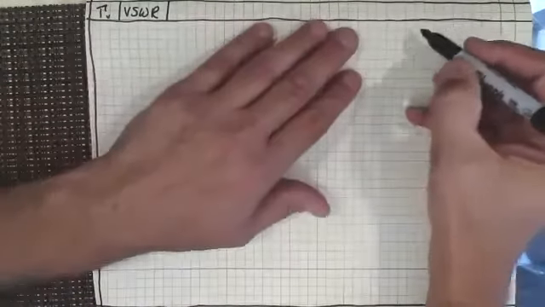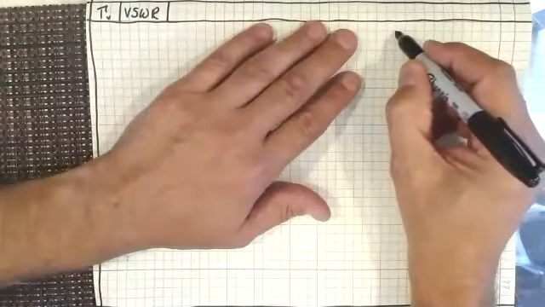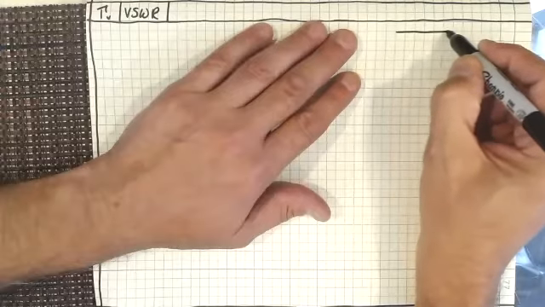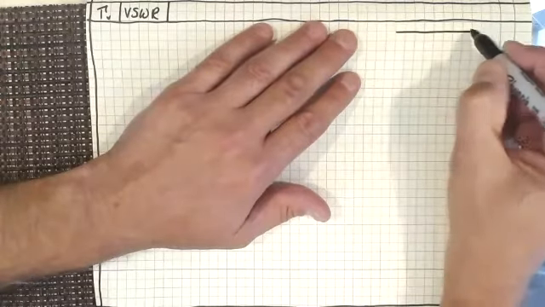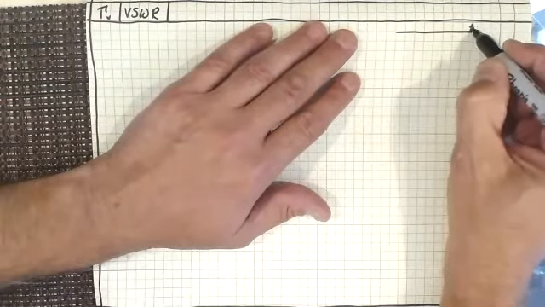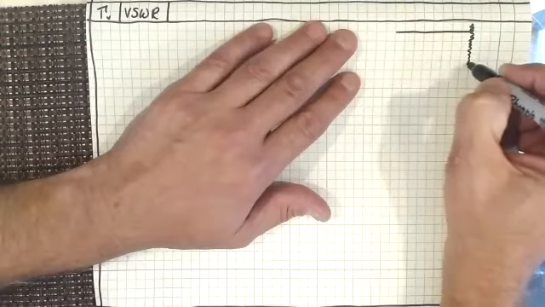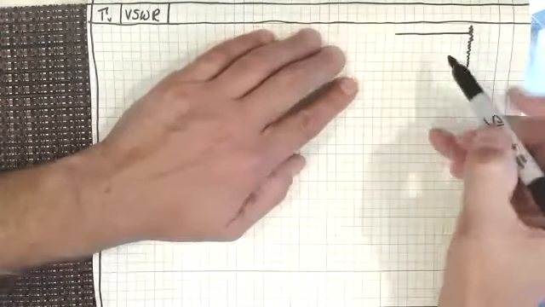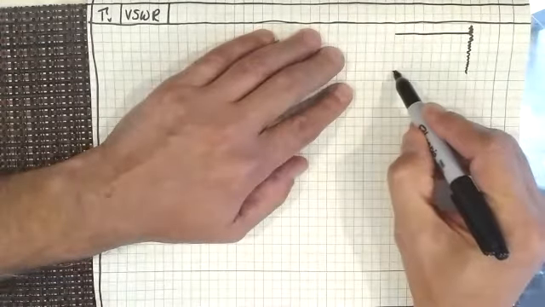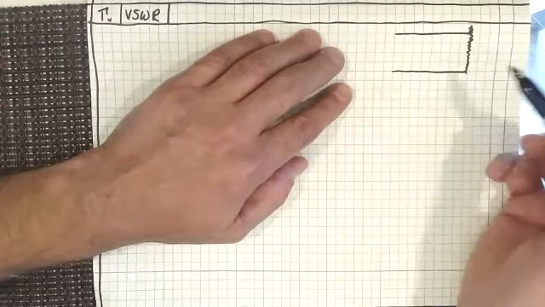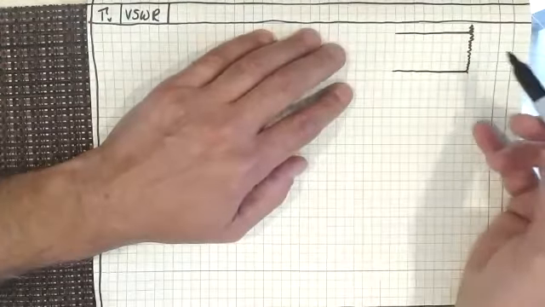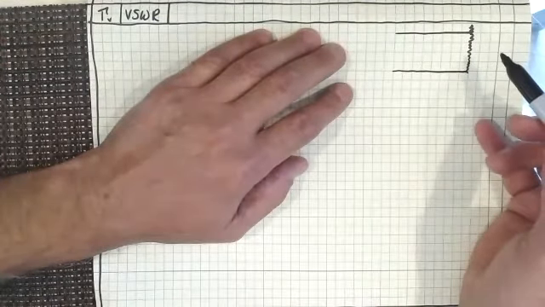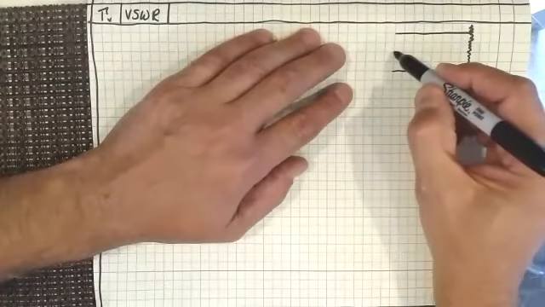If I have, let's say, a waveguide, and that waveguide is now coming to a boundary, and I have a wave that's propagating down that waveguide.